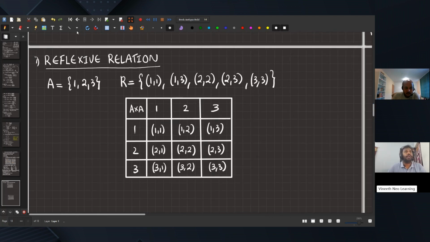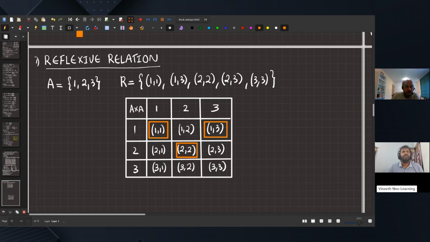In this product, just mark the elements that are present in the relation. Here (1, 1) is present. Then (1, 3) is present. Then (2, 2) is present.